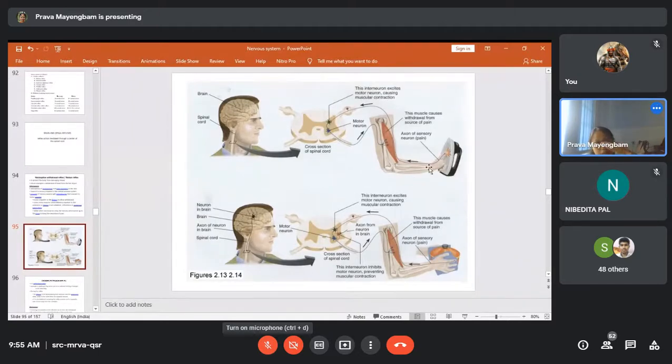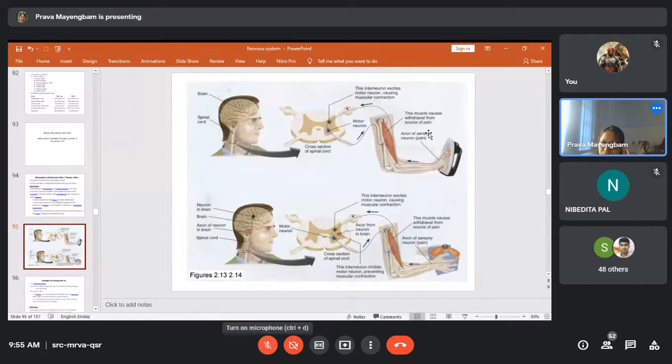Okay. In this nociceptive withdrawal reflex, when the stimulus goes, it will contract the flexor group of muscles. Due to the contraction of the flexor group of muscles, the hand will be removed immediately from the hot object.